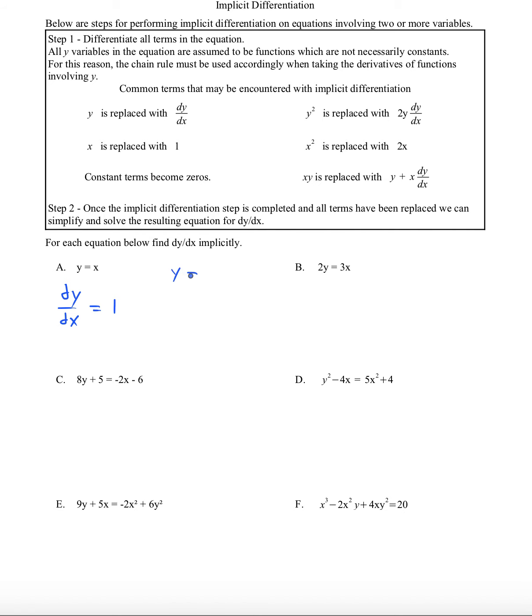So you start with y equals x, leave y and x in the positions they're in, and turn them into differentials. Now we have a relationship between the differentials, and we can divide both sides by dx if we wish to reveal that dy over dx is 1.